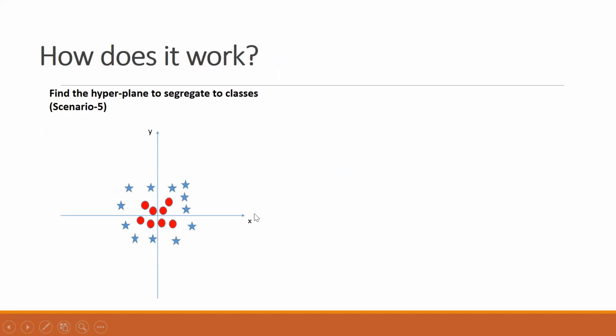So let's go to scenario 5. Find the hyperplane to segregate the classes. In this scenario, we can't have a linear hyperplane between the two classes. So how does SVM classify these two classes? Till now, we have only looked at the linear hyperplane. SVM can solve this problem easily.